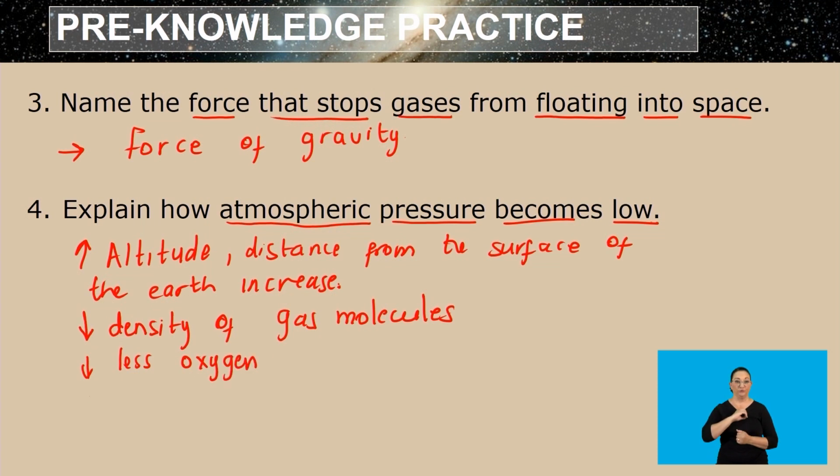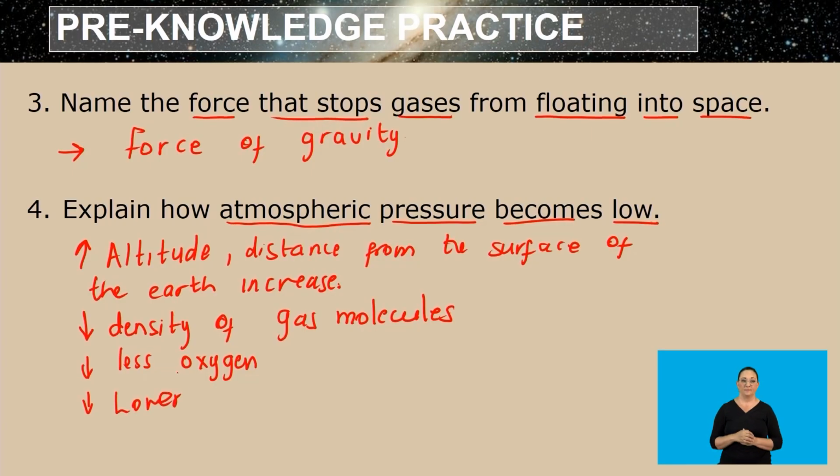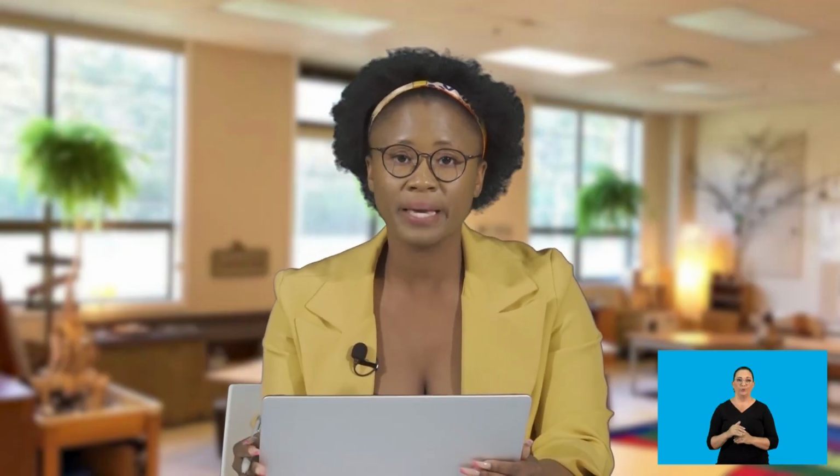And then once we have less oxygen, then our atmospheric pressure, we say that it becomes low. So we will write lower atmospheric pressure.